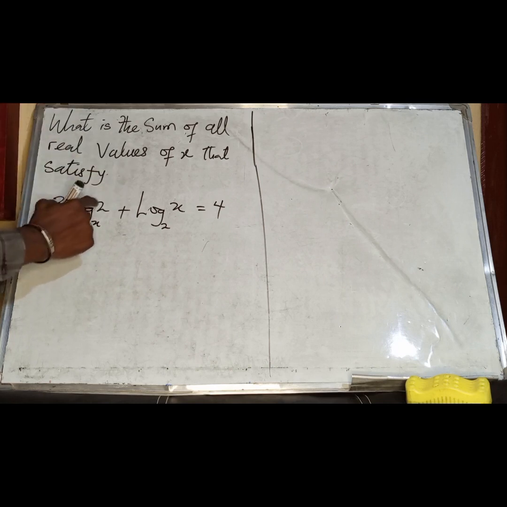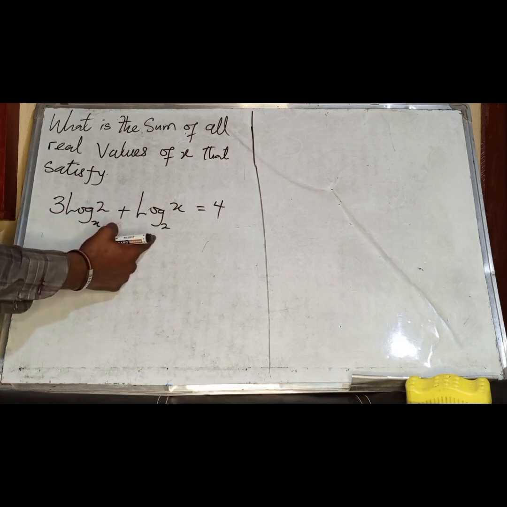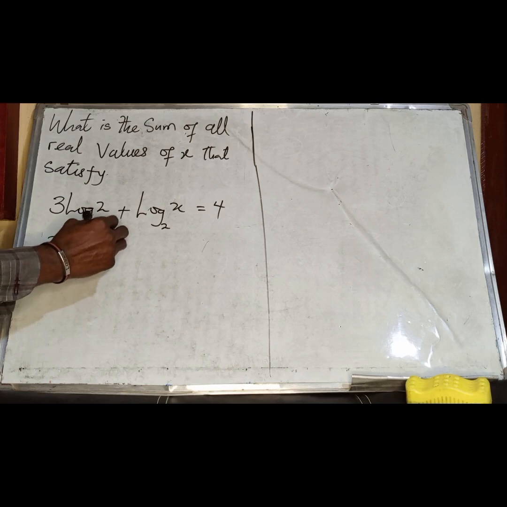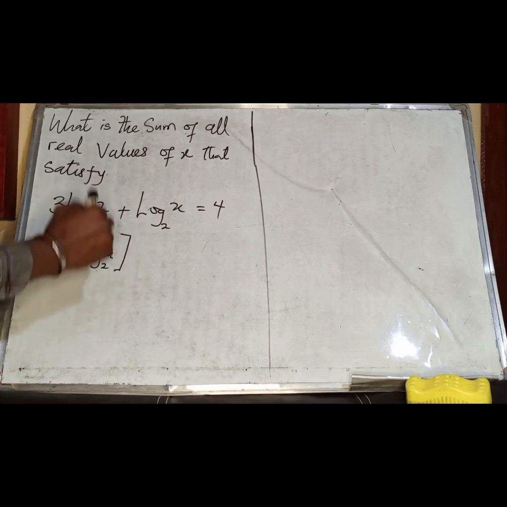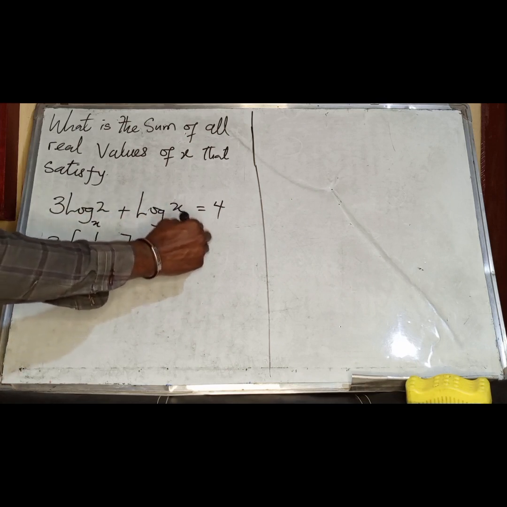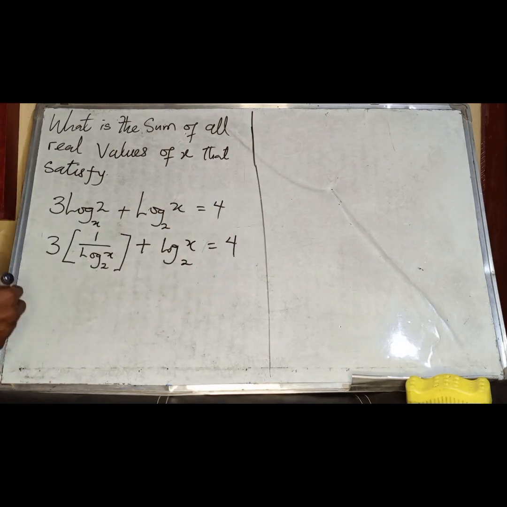Now I want to make this log 2 base x have the same base as this one here. So in that case, I can write this as 3 times in bracket 1 over log x to the base of 2, plus log x base 2 equals 4.